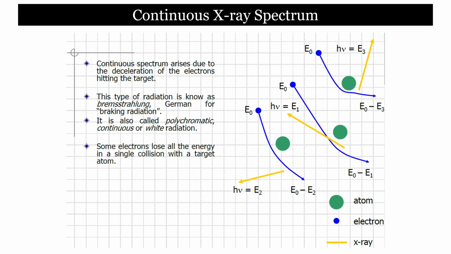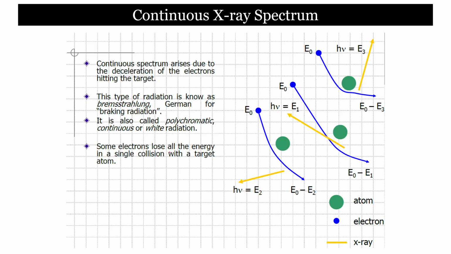It is also known as continuous radiation, polychromatic radiation, or white radiation. It is called white radiation because all the wavelengths are accumulated together, and here also we are getting different wavelengths.